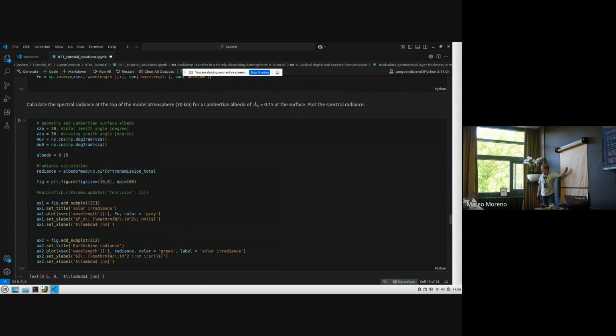That is the geometry of that light path. Quite straightforward. We have to do the same for the observation line of sight, modify the transmission, multiply it with the solar spectrum, account for the surface reflection, and finally we have the spectrum at the entrance telescope of our satellite. Right?